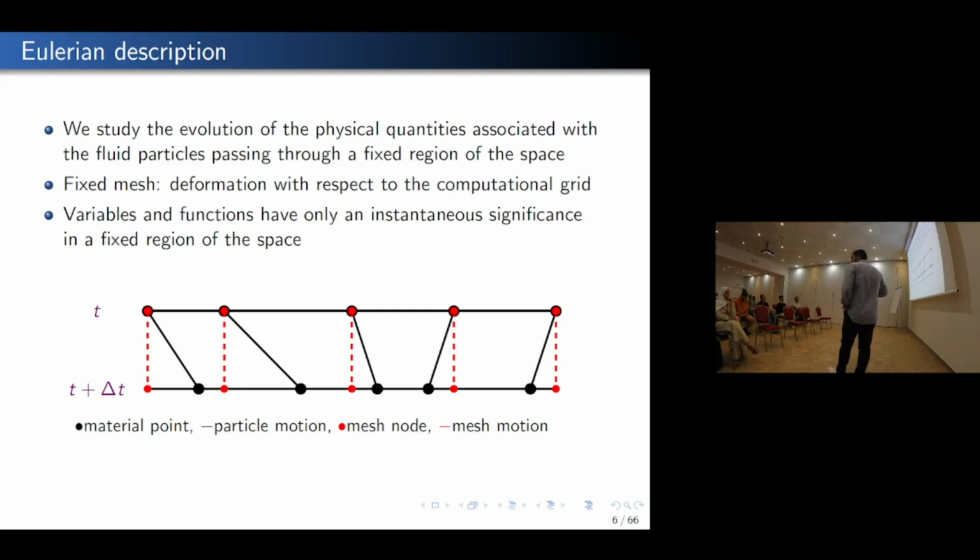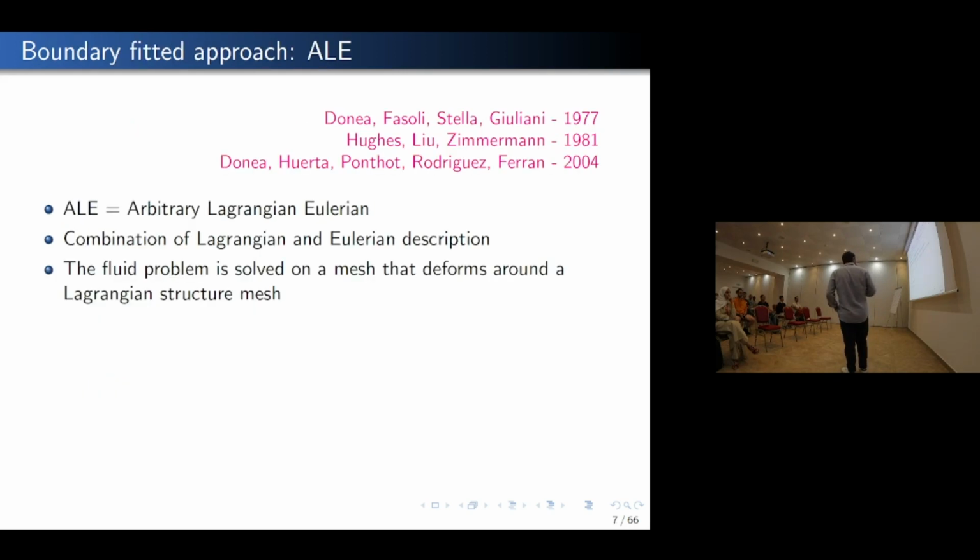But since the mesh is fixed, when we use the Eulerian description we are going to study the function in the fixed region, the fixed point of the mesh. So this is the Eulerian description for fluids.